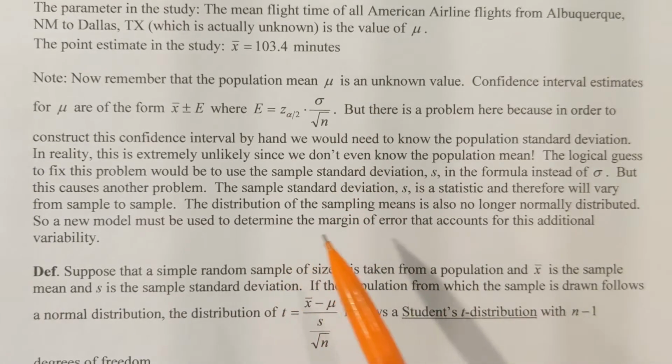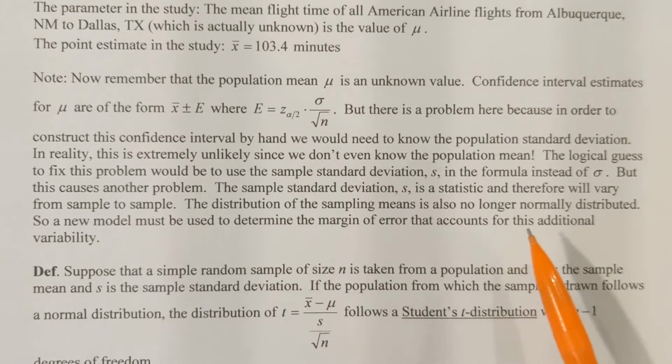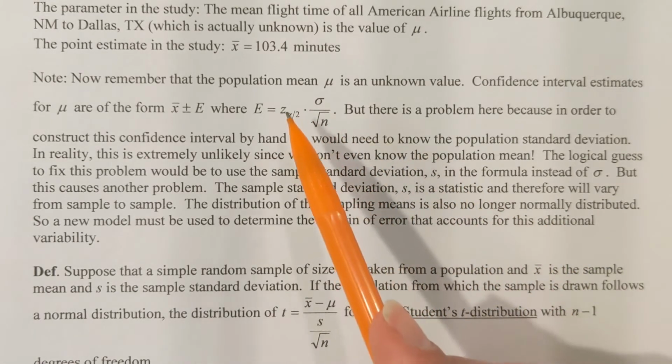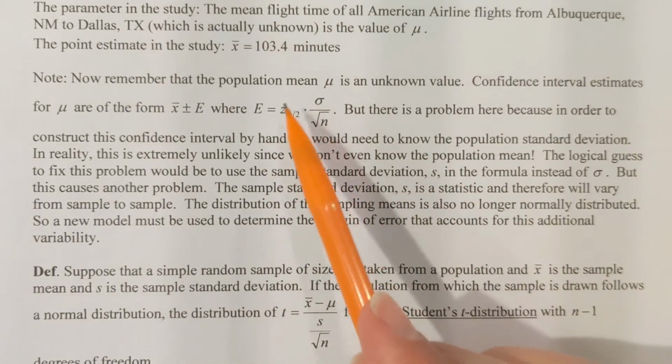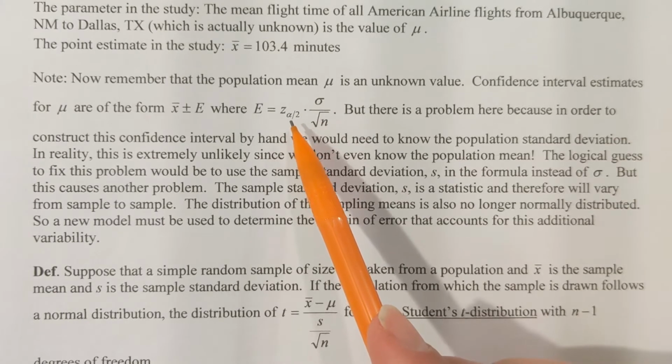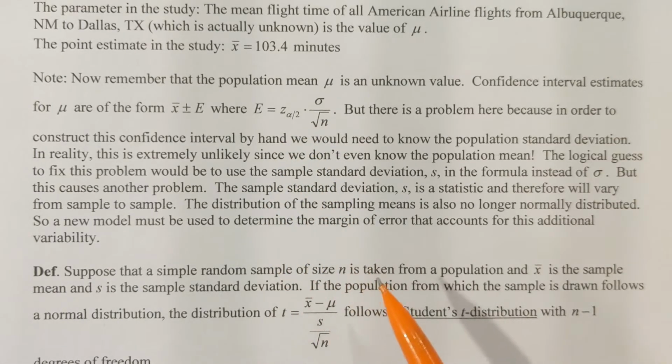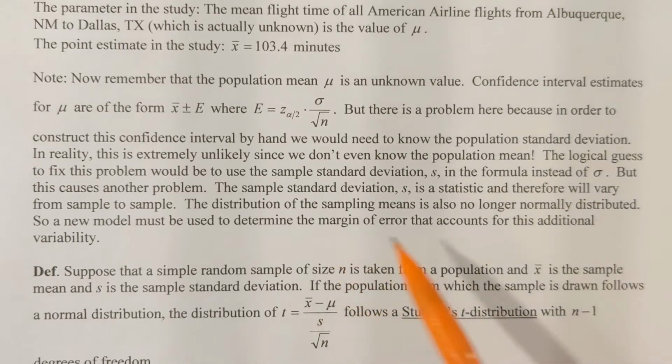The distribution of the sample means is also no longer normally distributed, so it wouldn't make sense to be doing anything with z-scores or the normal distribution table, okay? And so there are several problems here with just changing sigma to s. So a new model must be used to determine the margin of error that accounts for this additional variability.